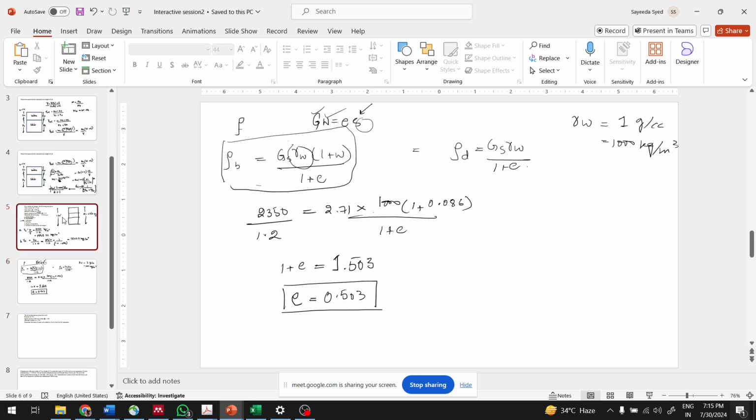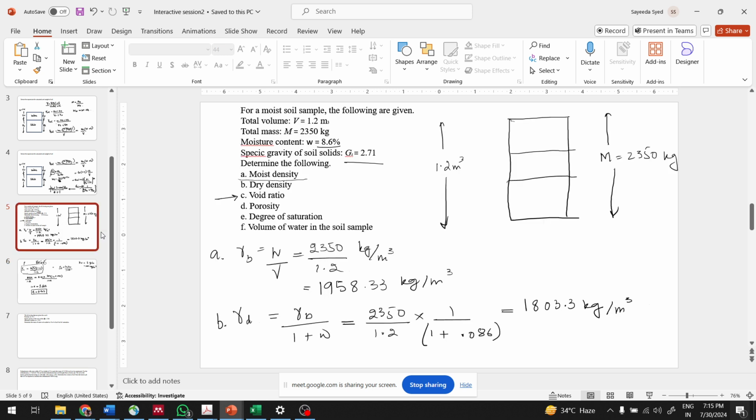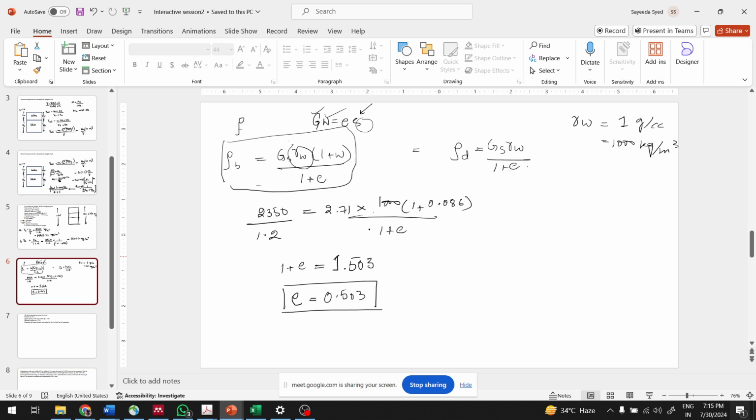Okay, so let's move on to the next part. We have to calculate the porosity. Anybody knows the relationship between porosity and void ratio?